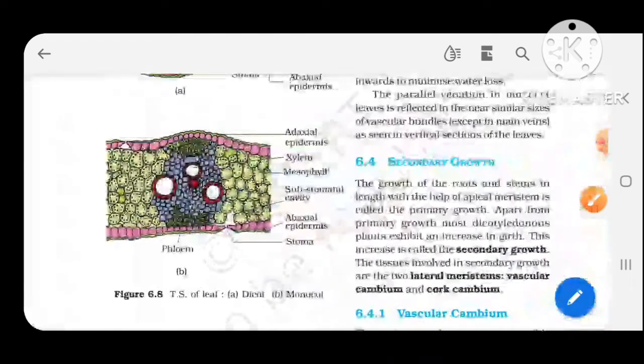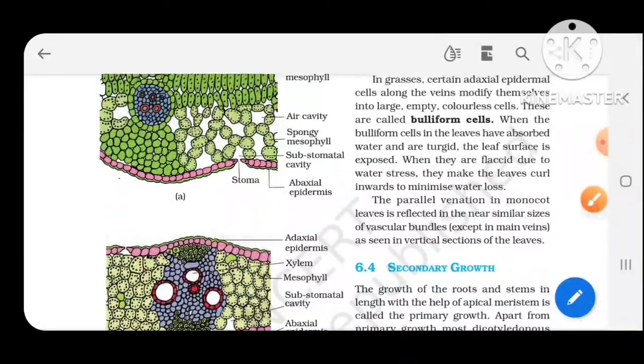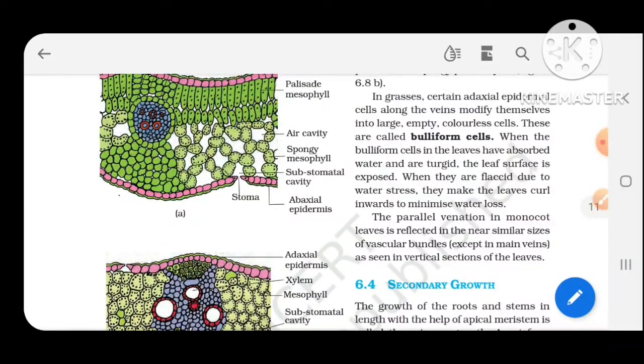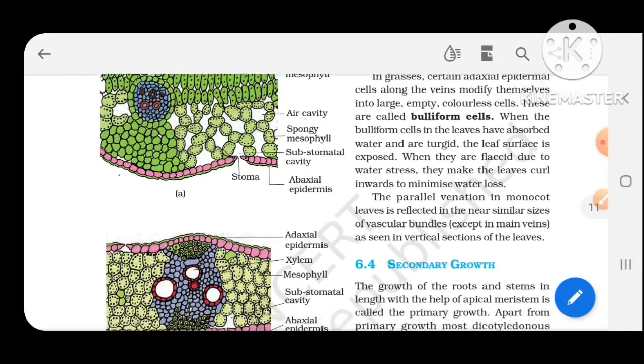Okay, so you can easily see the differences between the monocot and dicot leaf.